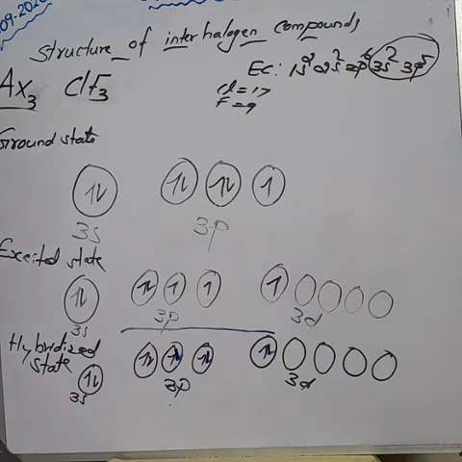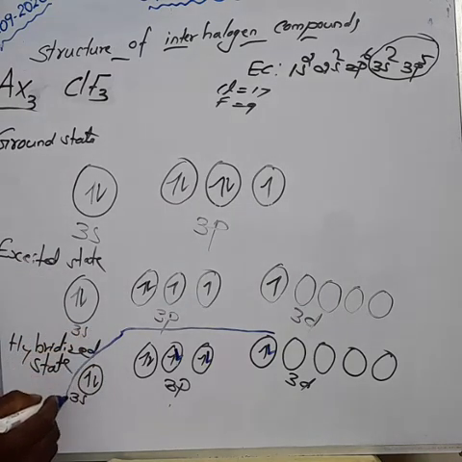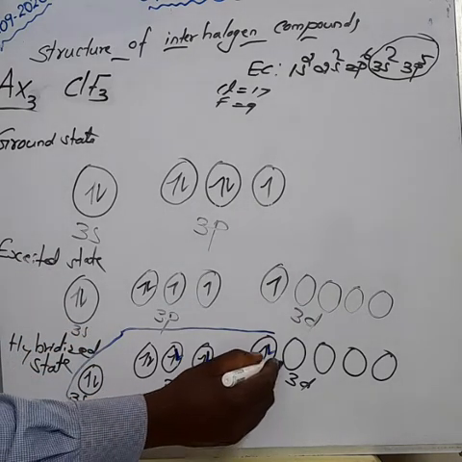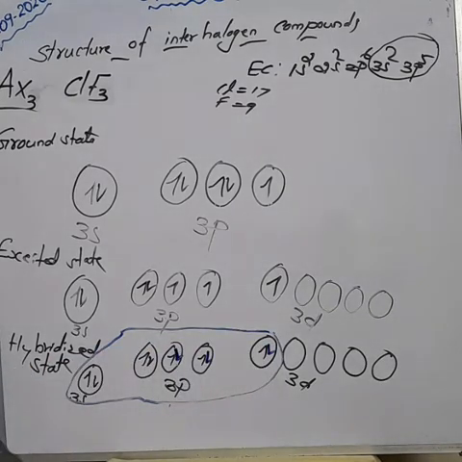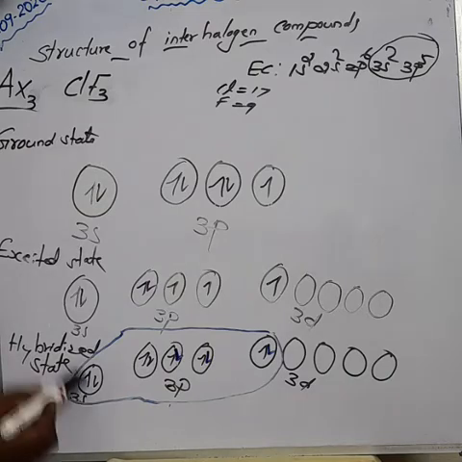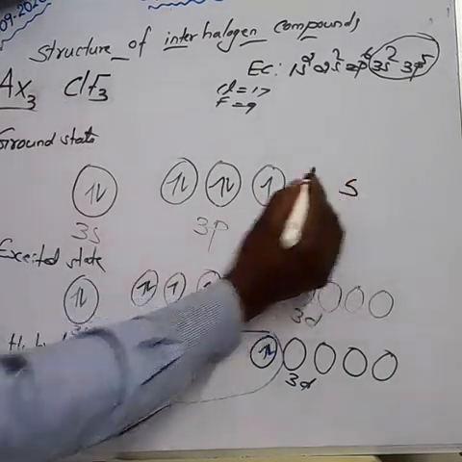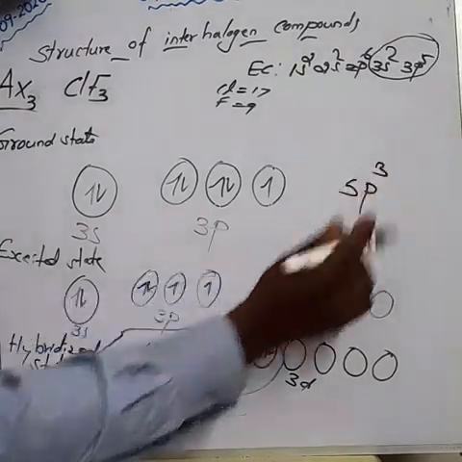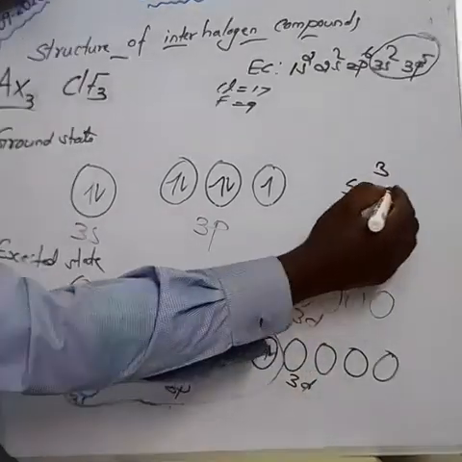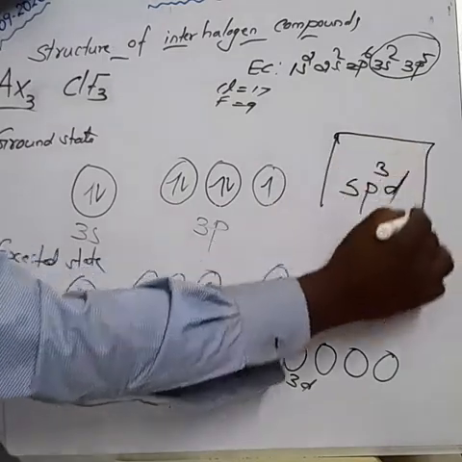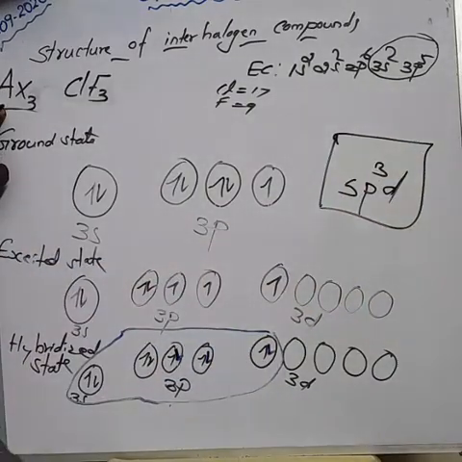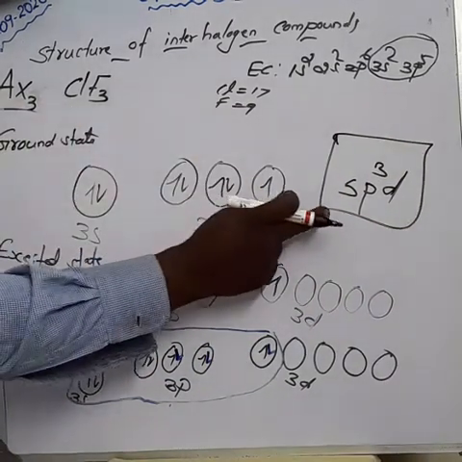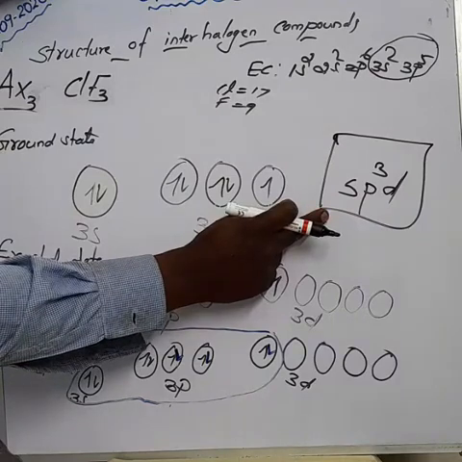What is hybridization? Can you say what is hybridization? One of the s orbital combines with how much p orbital? 3p orbital and one more d orbital. So what is hybridization? For AX3, sp3d hybridization.